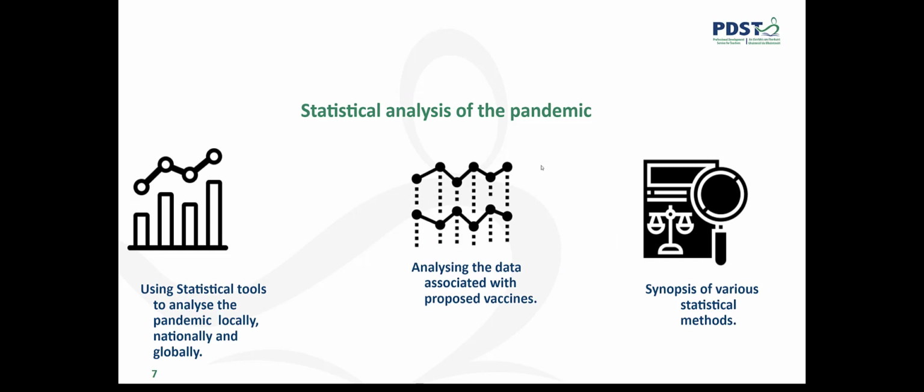So the whole idea of the statistical analysis of the pandemic is something that's ongoing all the time. The curve, how it's flattened, how different forms of lockdown help to change the pattern of the curve of the virus, and I suppose the knock-on effects to do with analysing the data associated with proposed vaccines.